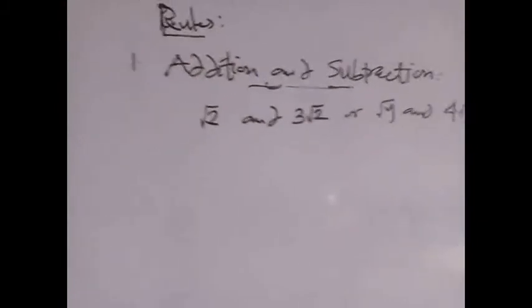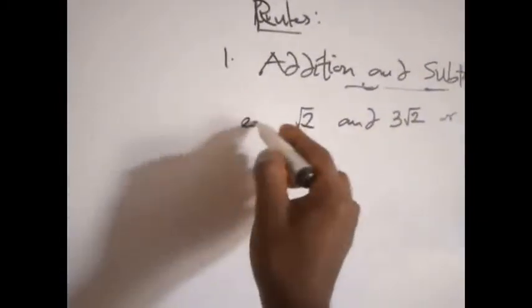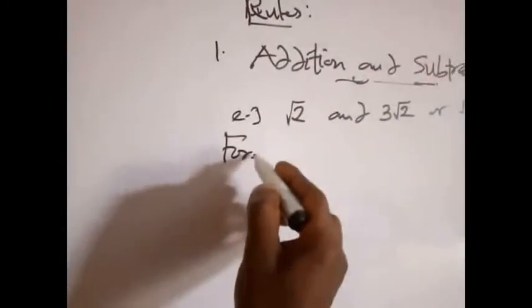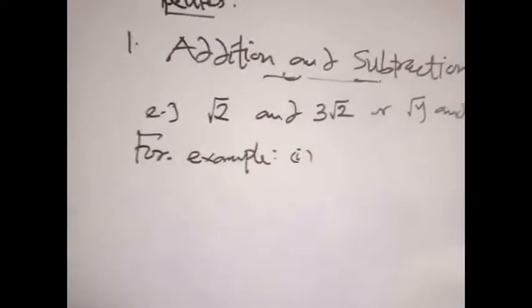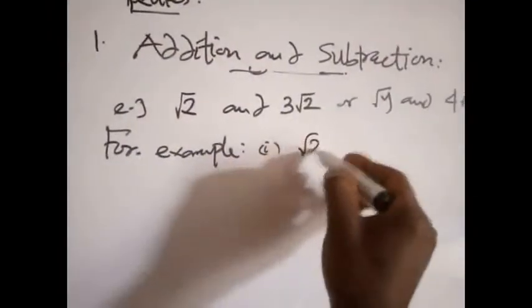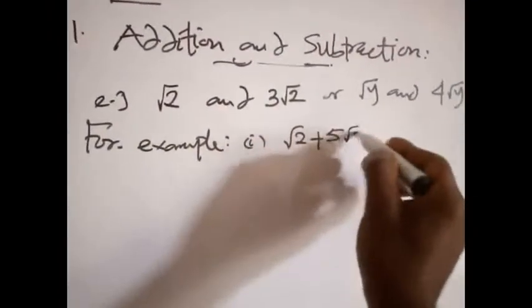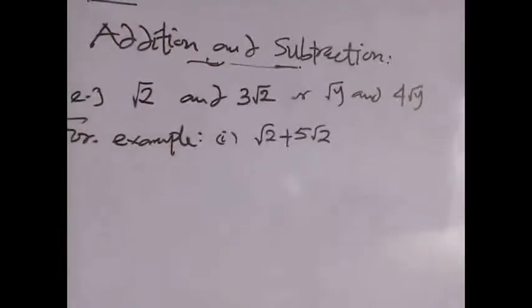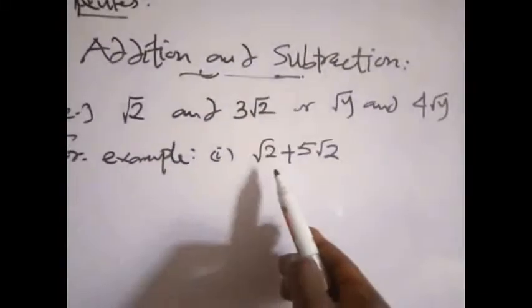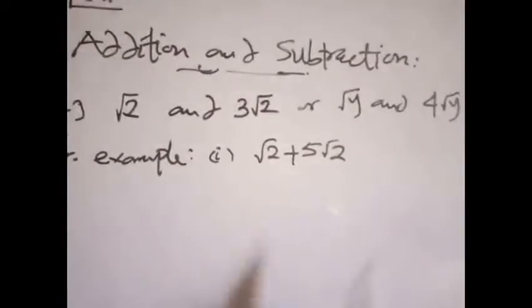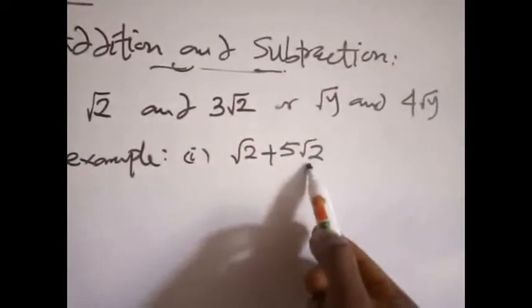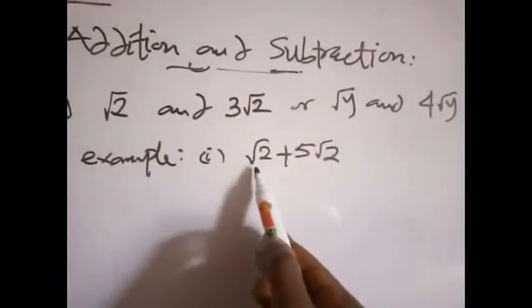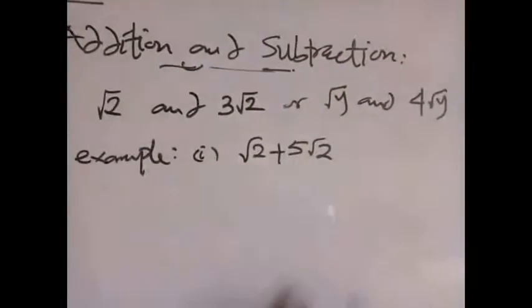Now let's take an example, and call this one number 1. If we have root 2 plus 5 root 2, we can see that they are like terms, because this irrational number is 2, this one also is 2, just like when we're having x plus 5x.